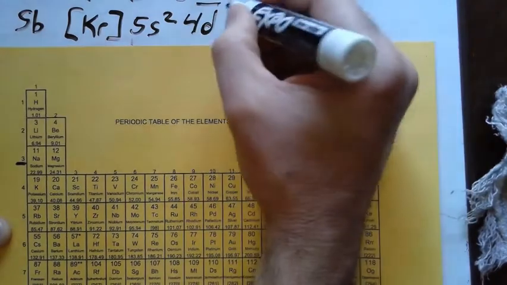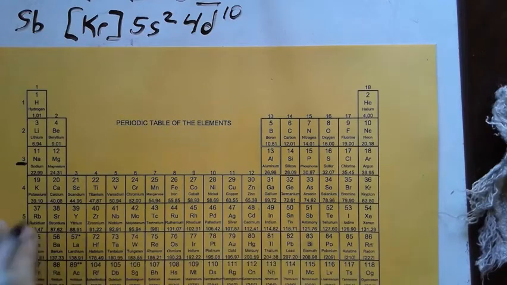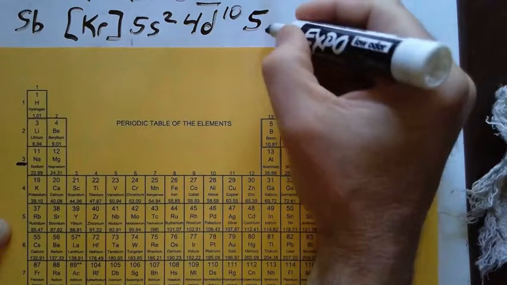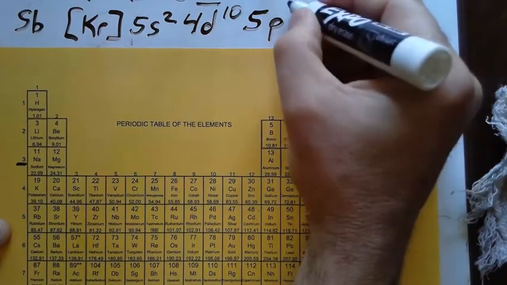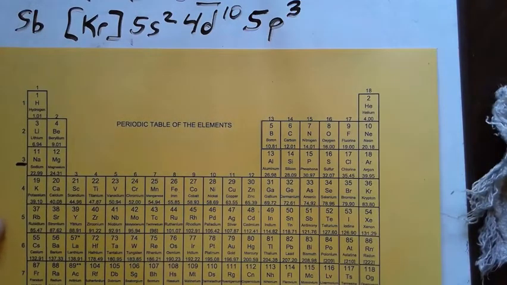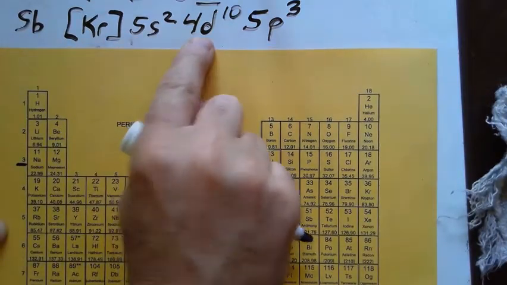Remember, the d block can hold 10 electrons. And then we're back on level 5, and these are the p block, 5p. And then antimony is the third one over, so that'd be 5p3. All right, antimony starts with krypton, and then we just go from there: 5s2, 4d10, 5p3.